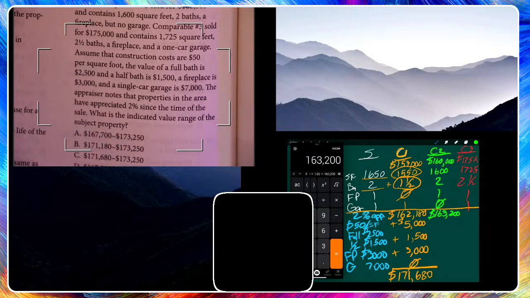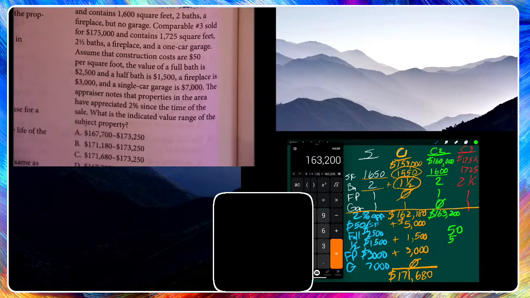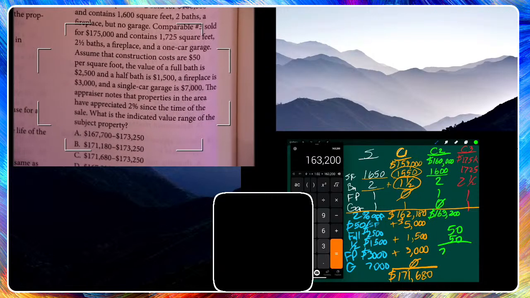Okay, difference in square feet. Got 50 square feet less in the comp. So we need to figure out how much 50 square feet is worth at $50 a square foot, and it's $2,500. Just do multiplication. What are we doing with that 2,500? Because the comparable is inferior, less than, we're going to add for that square footage.